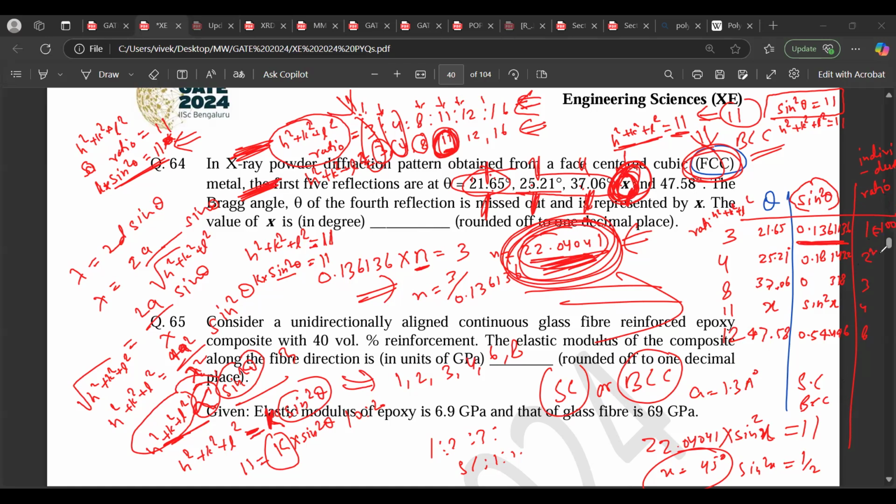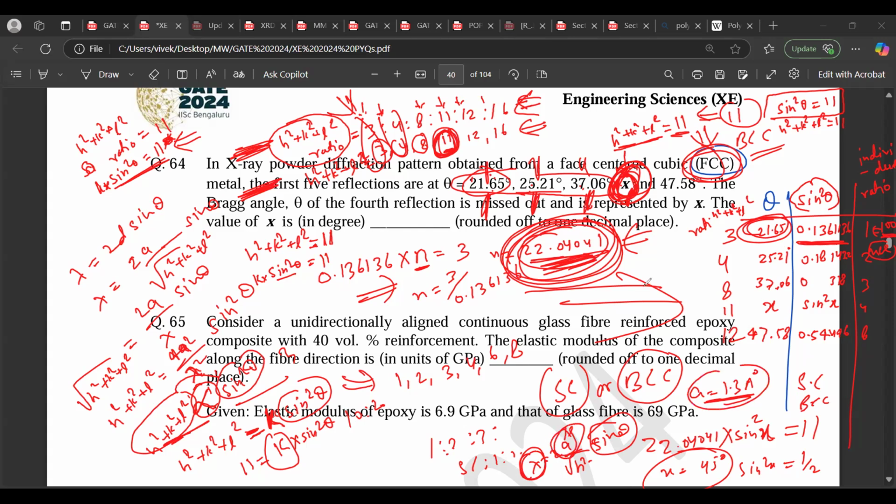Now you know the HKL, you know your theta, and you know your lambda, because lambda equals 2d sine theta. You assumed it is SC and took the first peak as 100, so you can find out the A. This A should match the A given in the question.